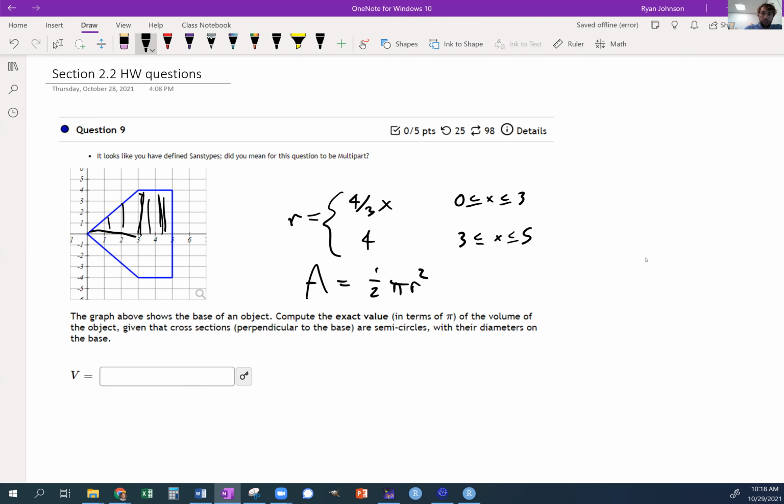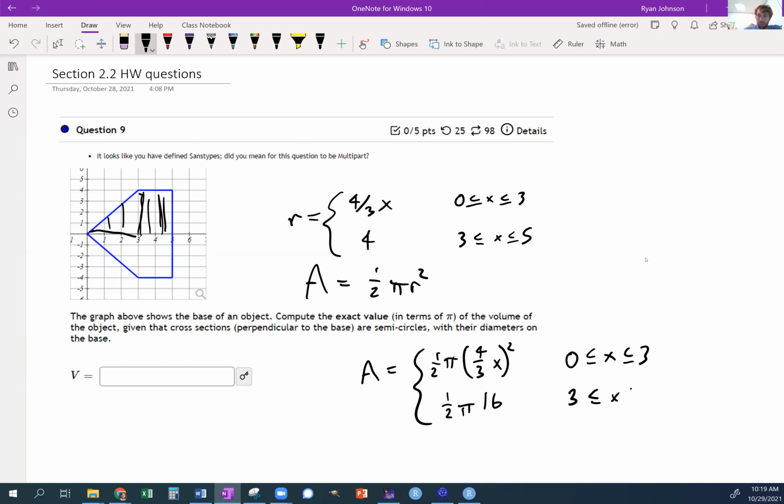Well, r is that thing, so the area is a function defined by parts, where it's 1/2 times pi times (4/3 x) squared, and x is between 0 and 3, and it is 1/2 pi times 4 squared, which is 16, when x is between 3 and 5.